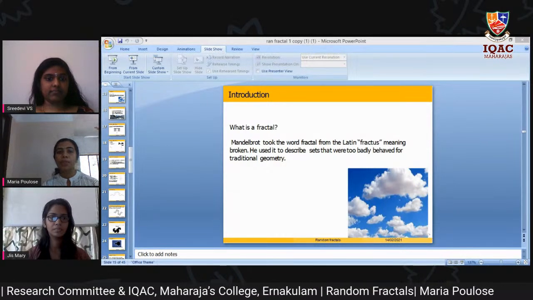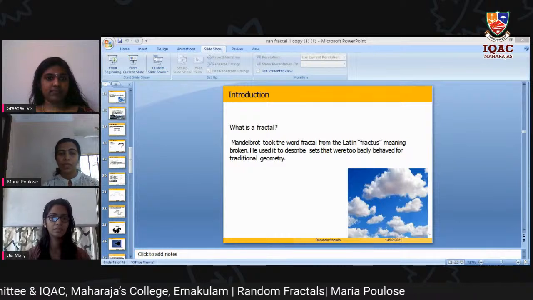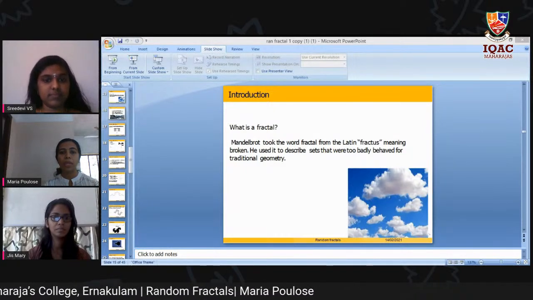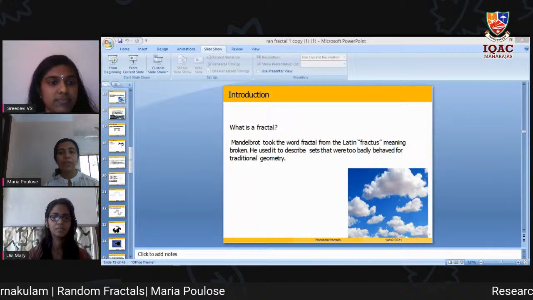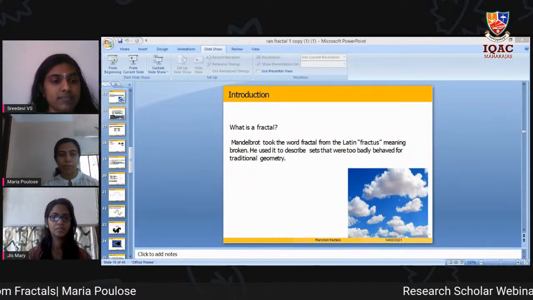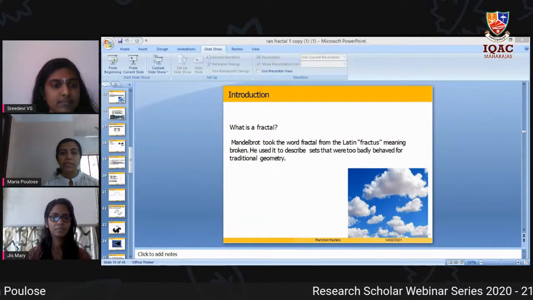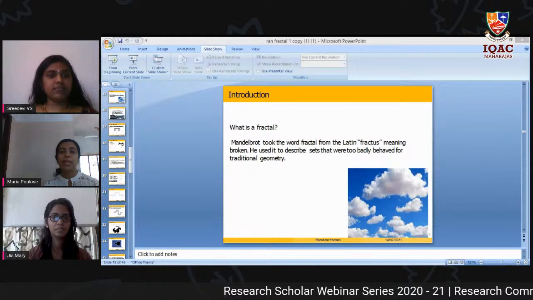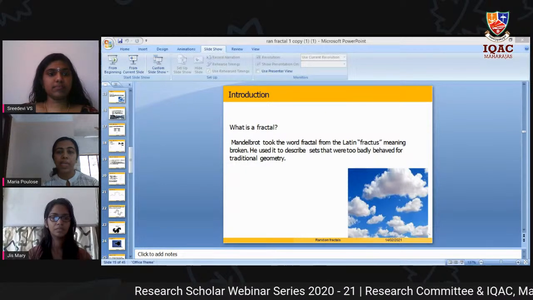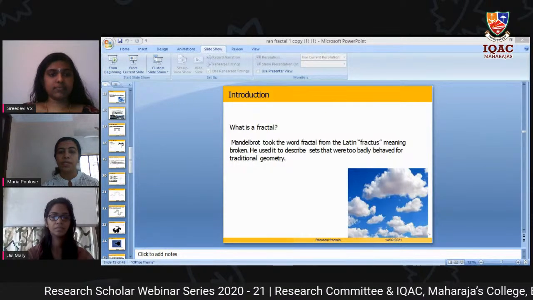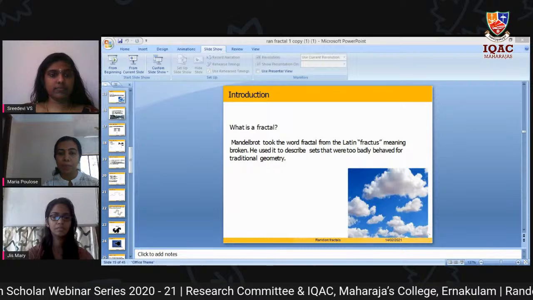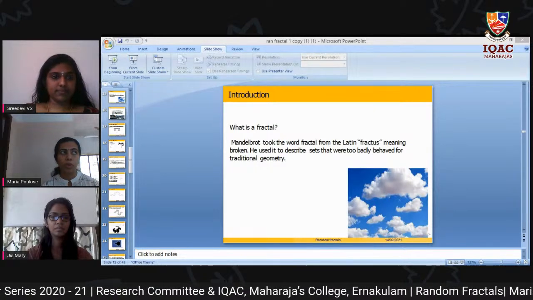Fractal is a set of self-similar objects. It is possible to copy the fractal several times on itself. Benoit Mandelbrot explained them as geometric shapes that, when divided into parts, each part would be a smaller replica of the whole.